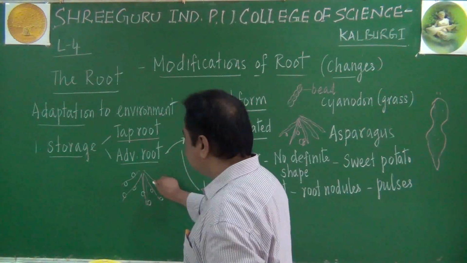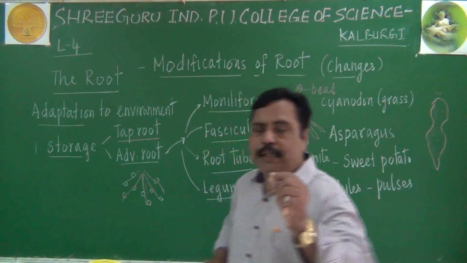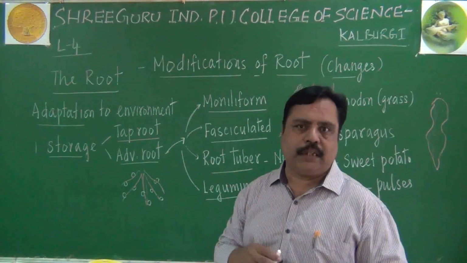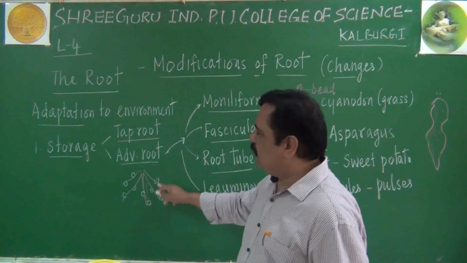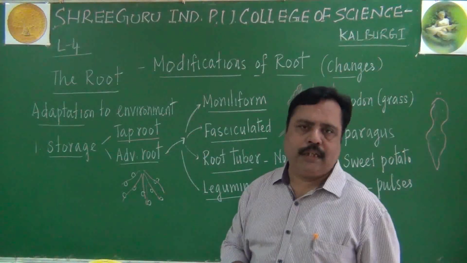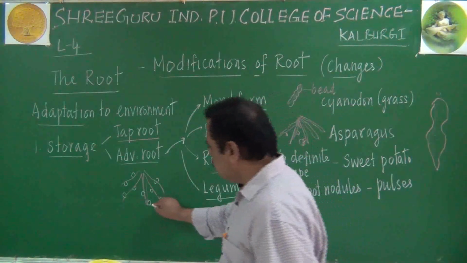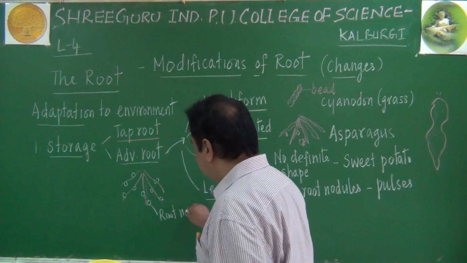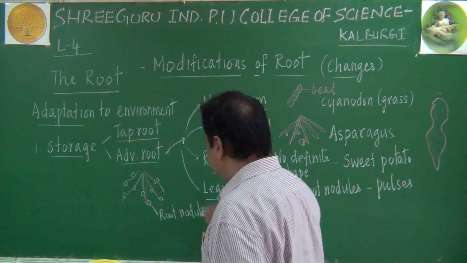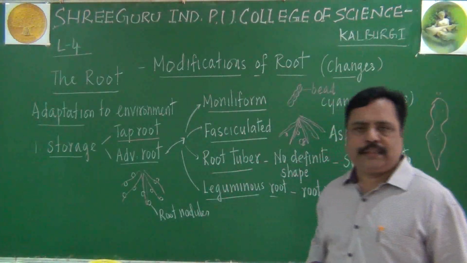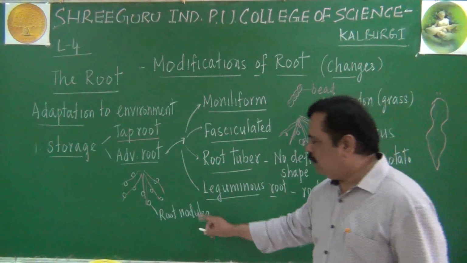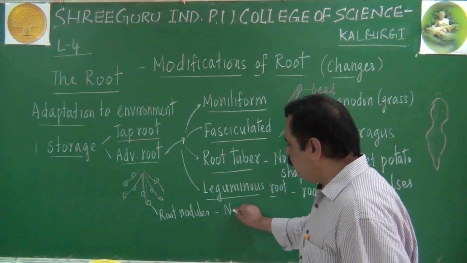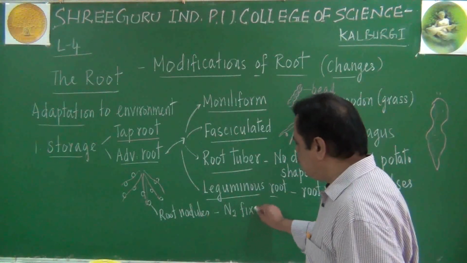Remember, in these nodules, some useful bacteria can survive. They will fix the nitrogen from the atmosphere directly. This is called root nodule. Those conditions, we can say, are called leguminous root. Leguminous root having root nodule is useful for nitrogen fixation.